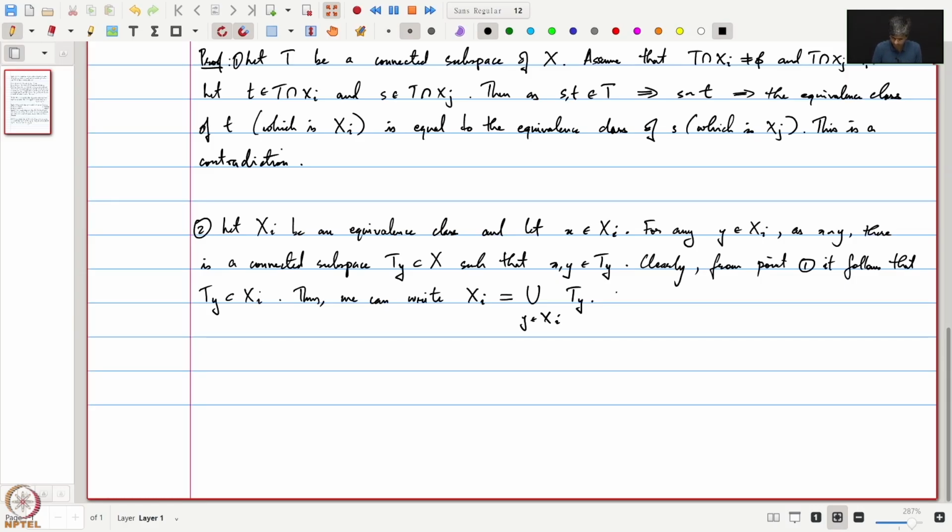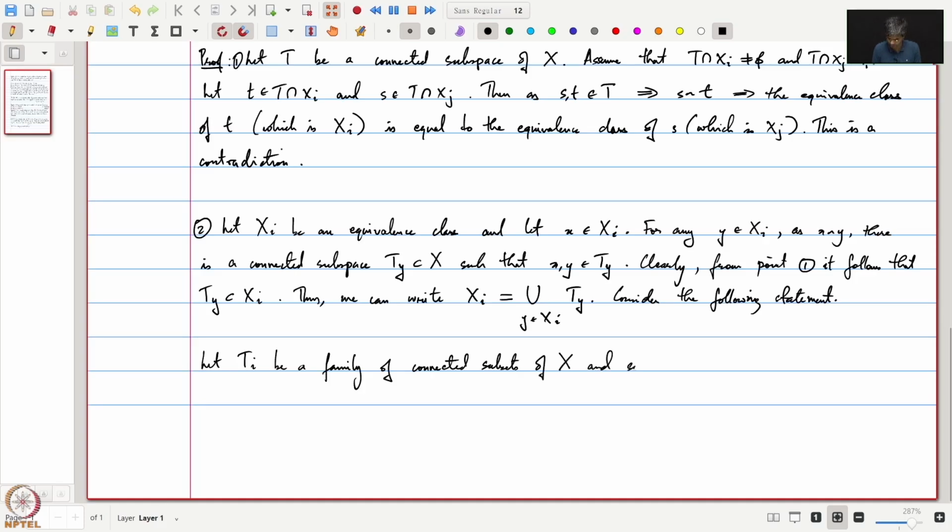So now we have this variant of the earlier lemma we had proved. So consider the following statement. Let Ti be a family of connected subsets of X, and suppose the intersection of all these is non-empty, right?